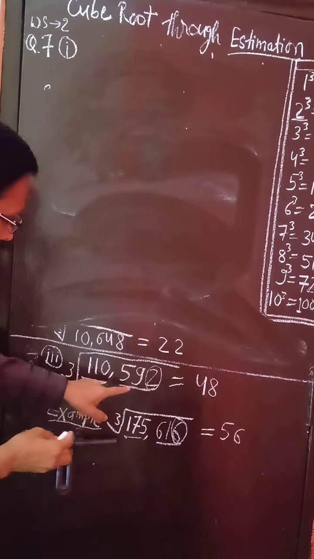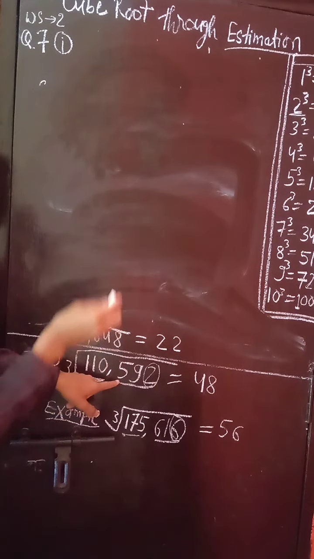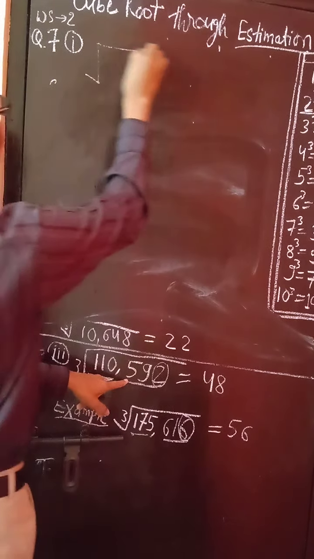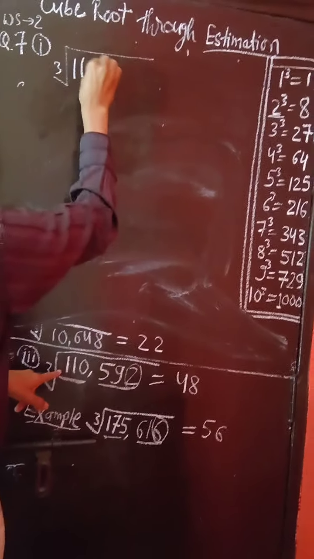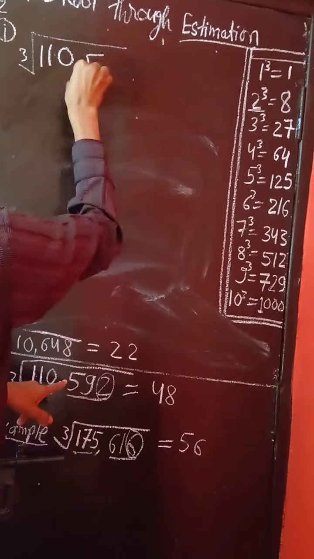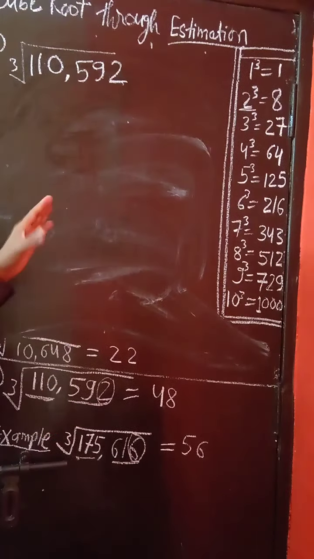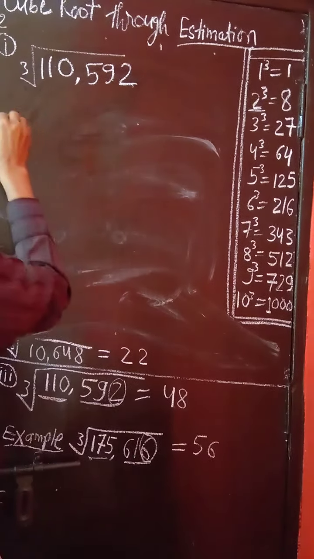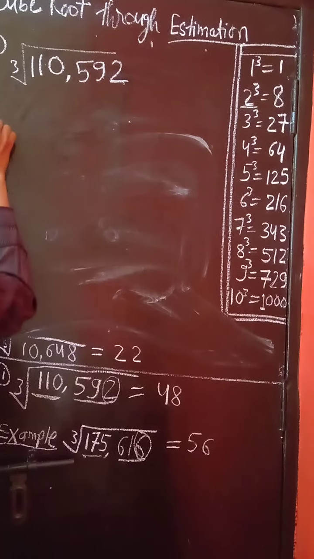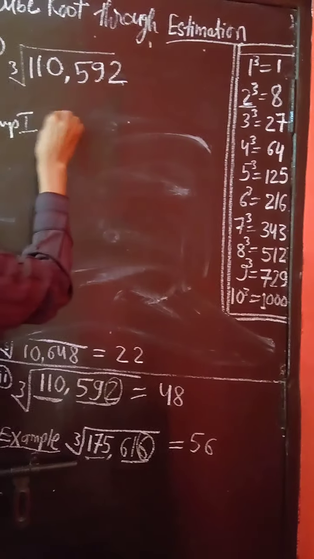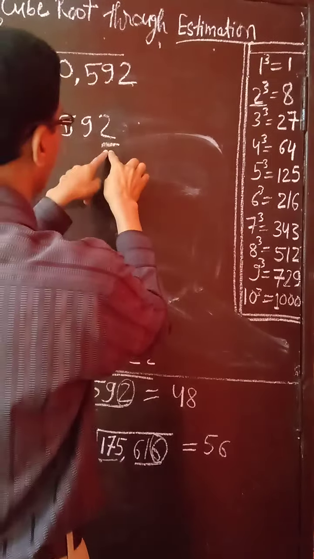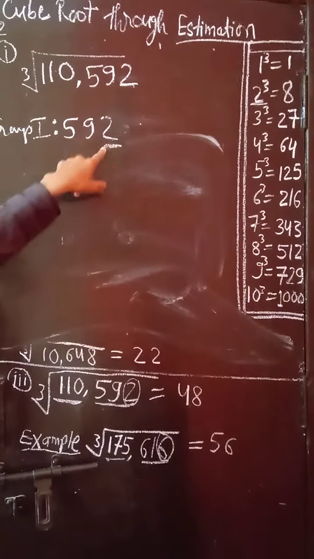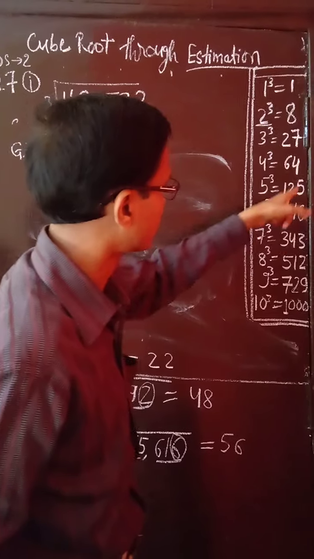You can see here, the question is the cube root of 110,592. Again we have made two groups. The first group is 592. Here we will see 2. So where does this unit place 2 exist?